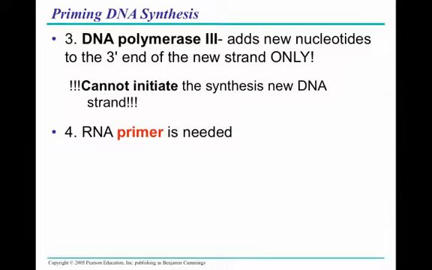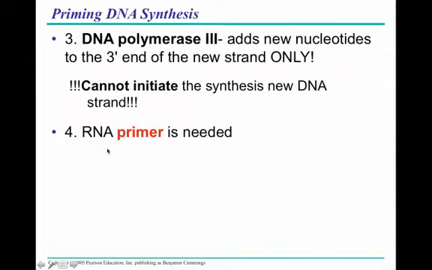Okay? And the thing about DNA polymerase 3 is that it cannot just synthesize a strand without having a 3' end of a nucleotide strand to add on to. It needs to have something to grab onto. It needs a 3' end of a nucleotide to add these new nucleotides that are coming in.